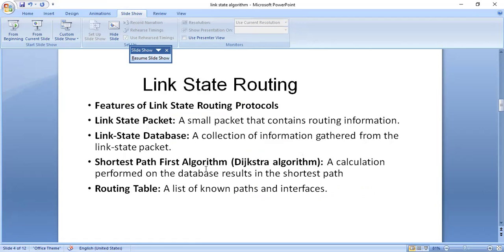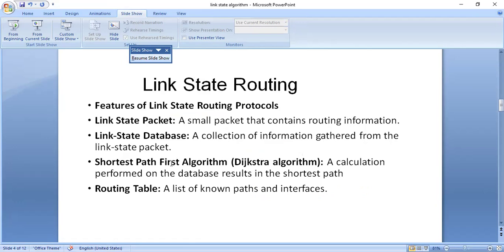What are the features used in link state routing? First, you have to find the link state packet for all the nodes. A link state packet is nothing but a small packet that contains routing information. The packet consists of the destination and the cost of the destination. Second, the link state database, the collection of information gathered from the link state packets.